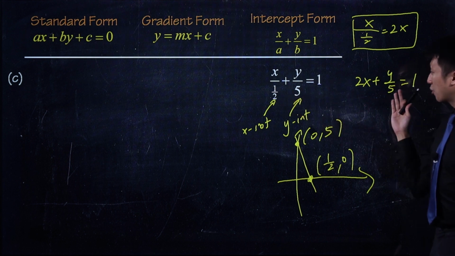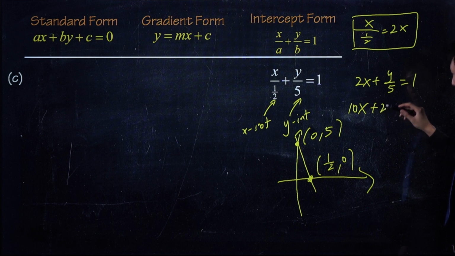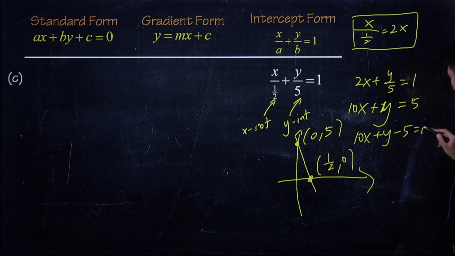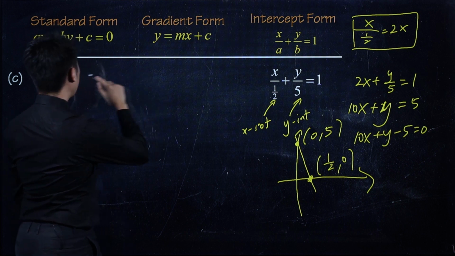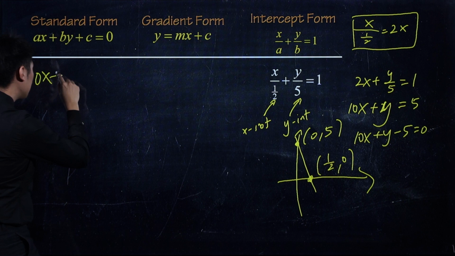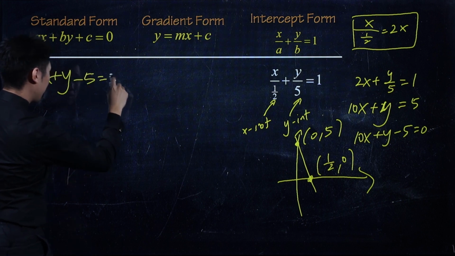If you multiply both sides by 5, you get 10x plus y only, sorry, multiplied by 5 is equal to 5. So 10x plus y minus 5 is equal to 0. So I would just write that here, standard form: 10x plus y minus 5 is equal to 0.